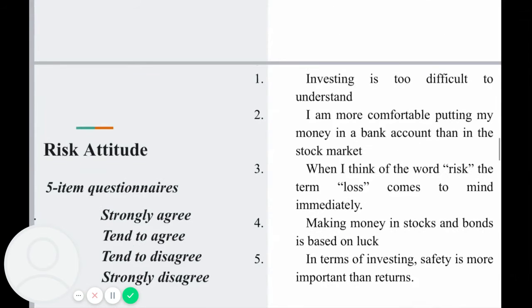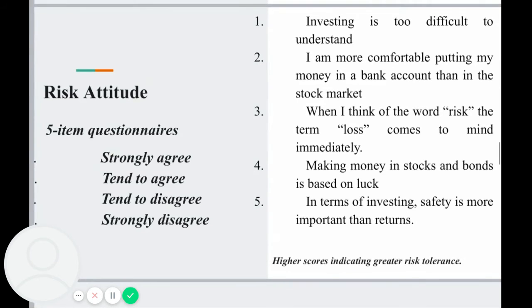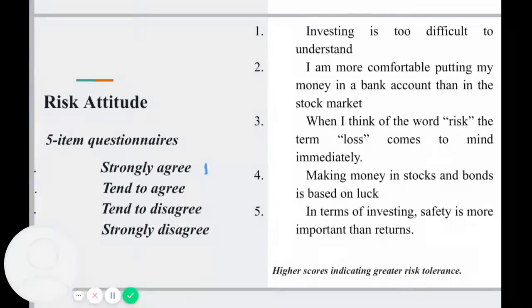For example, there are some risk attitude questions. Here we have shown 5 questions that determine the willingness or risk attitude of the client, based on the response. Each question has 4 options: strongly agree, tend to agree, tend to disagree, and strongly disagree. So the investment manager puts a rating of 1 if strongly agree, a rating of 2 if tend to agree, a rating of 3 if tend to disagree, and a rating of 4 if strongly disagree.